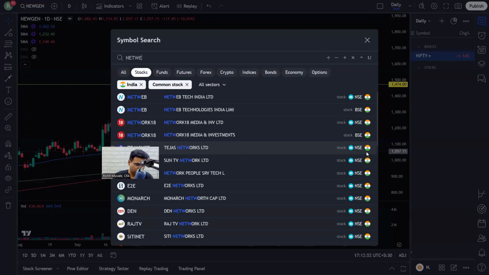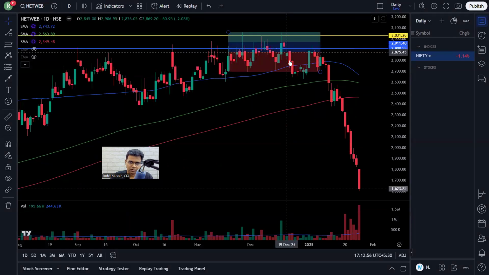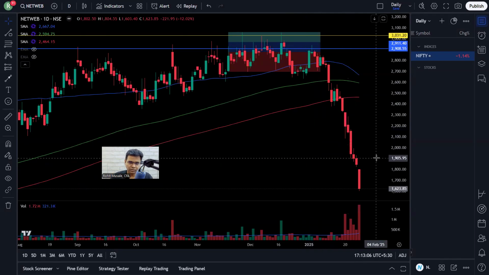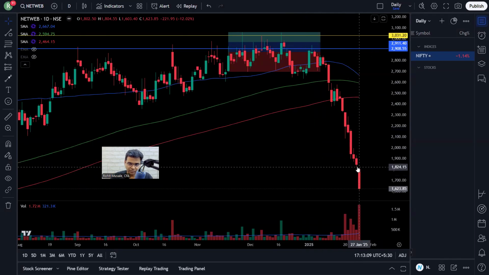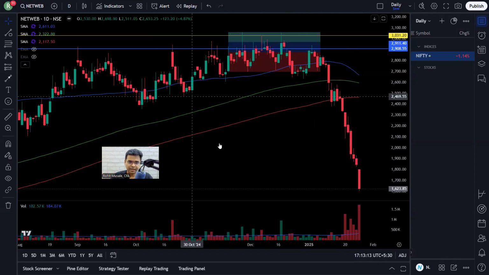Okay, and Netweb is a perfect example of that. So the falling window was the signal given by the stock inside the base. Just because the volume has gone up doesn't mean that the stock will go up. Look what has happened to the stock. Today, the stock has collapsed 12% with a falling window, which is even more bearish. Okay. Thank you so much.